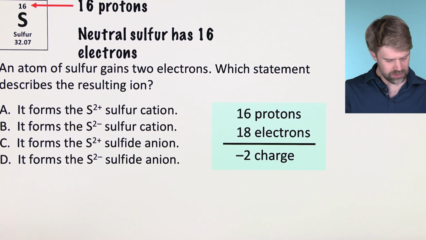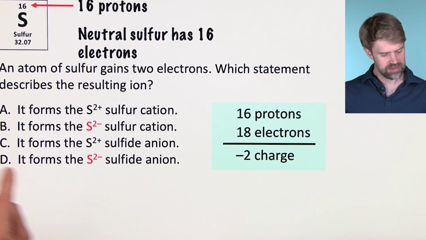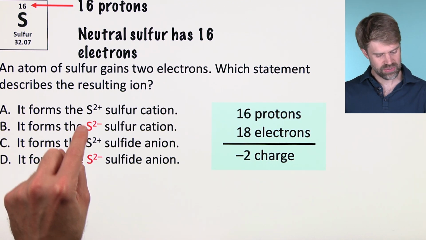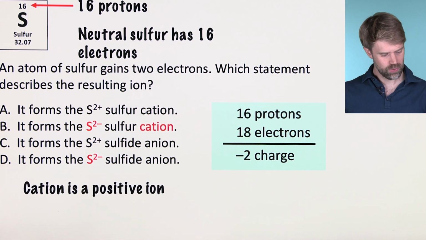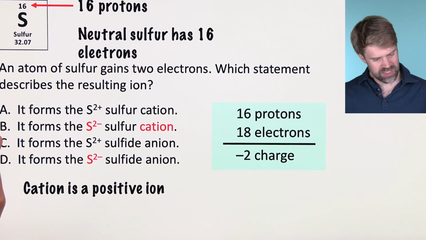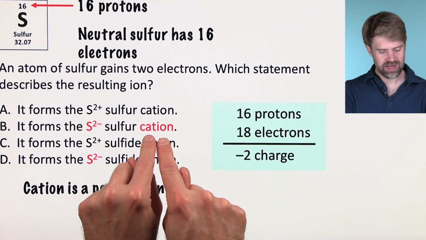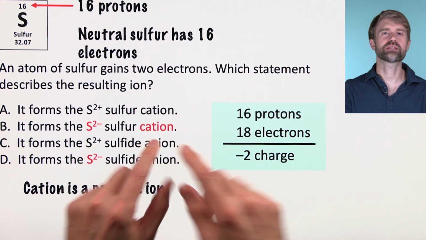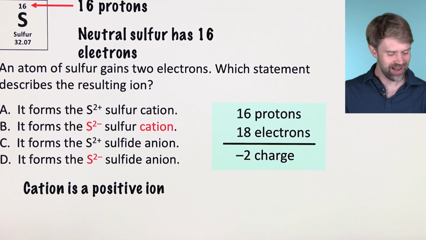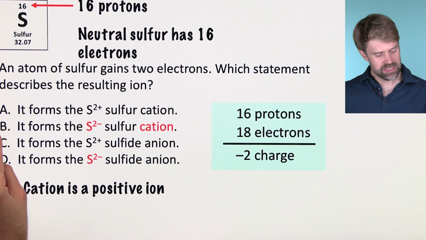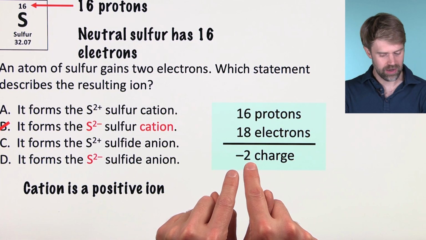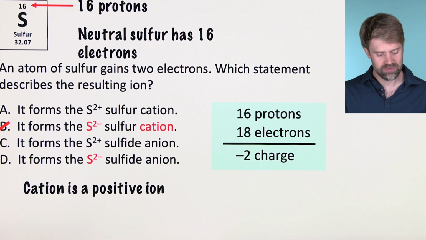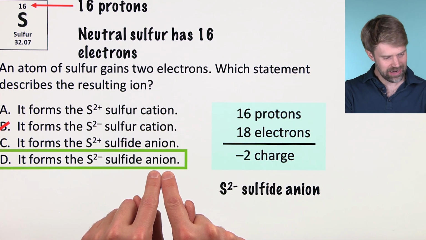All right, now we look over our answers, and you'll see that both B and D have the correct charge, S2-. But which of these is correct? Well, look at the difference. Choice B calls this a cation, but that's a positive ion. So it's not choice B. We can get rid of that because this is a negative ion, and the correct name for a negative ion is an anion.